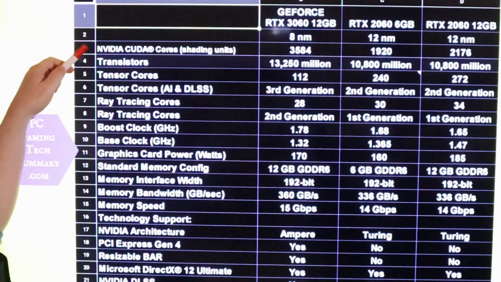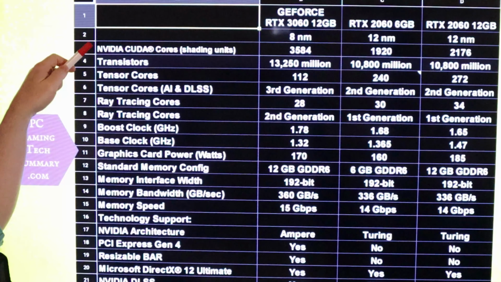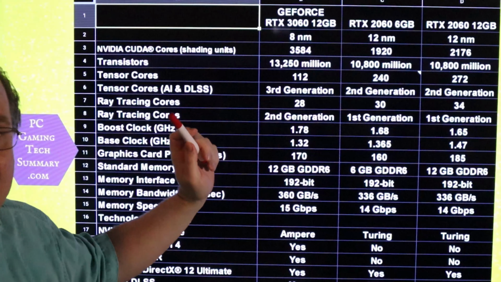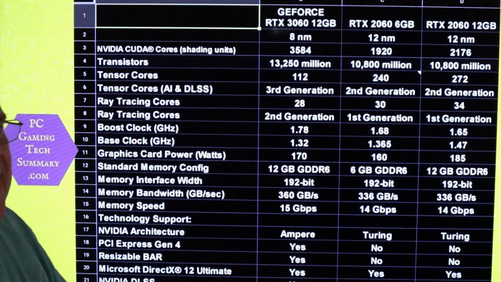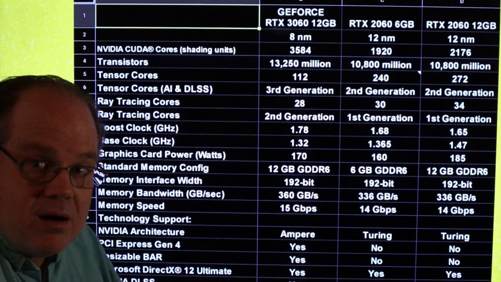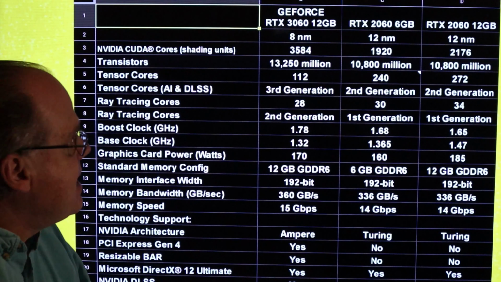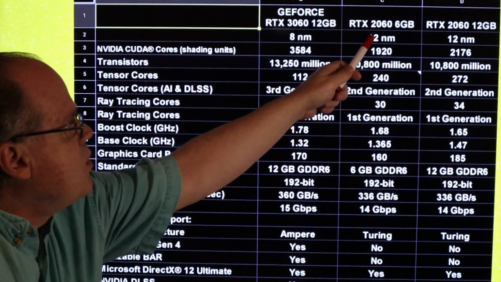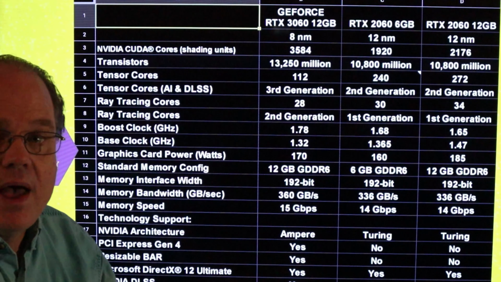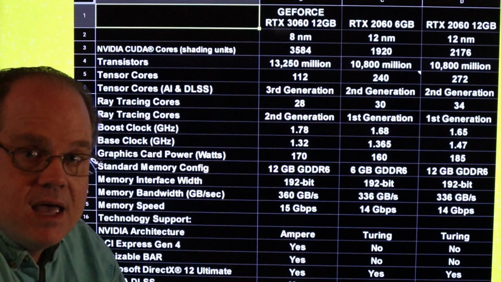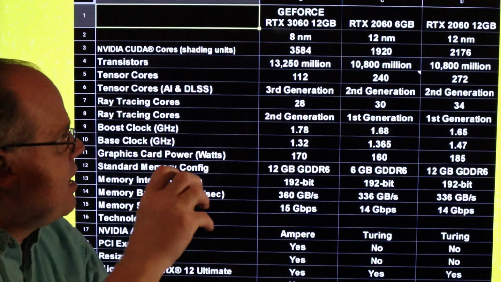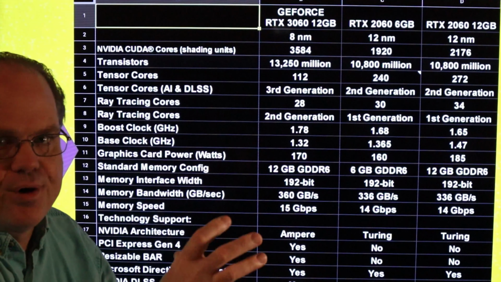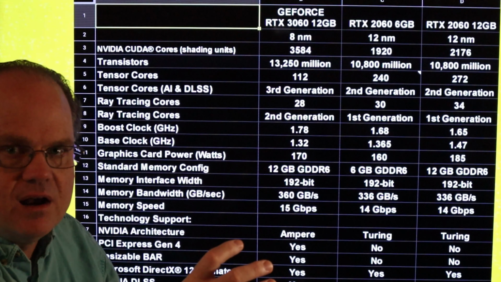We've got the 3060 12 gigabyte. It is on an 8 nanometer manufacturing process. The 2060s are 12 nanometer, so the molecules are bigger on the older technology.